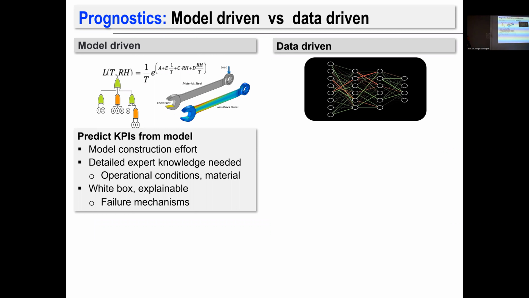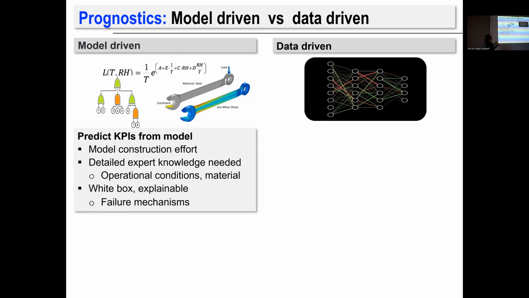Of course, both approaches have their pros and cons. Here, the model-driven approaches, of course, you need to construct your model, which requires a lot of expertise. But in particular, you can only make such a model if you know the exact operational condition.